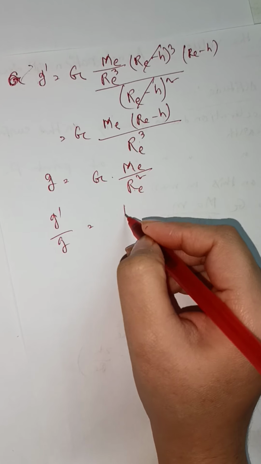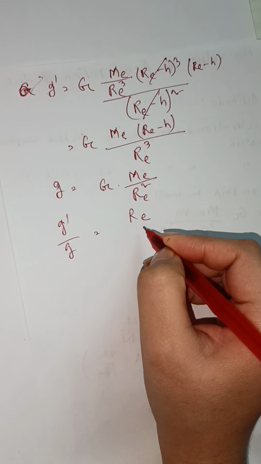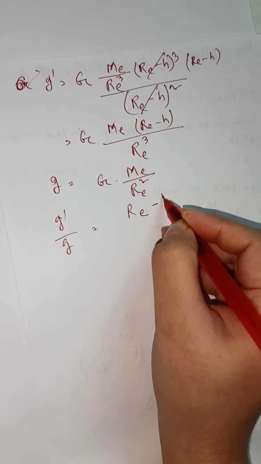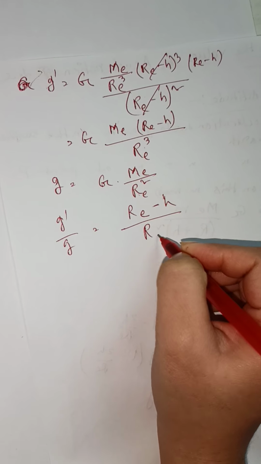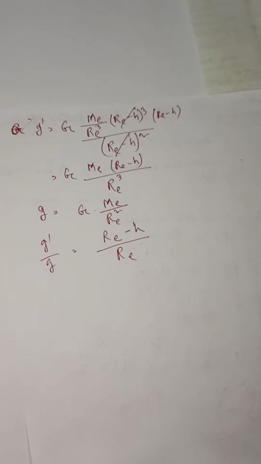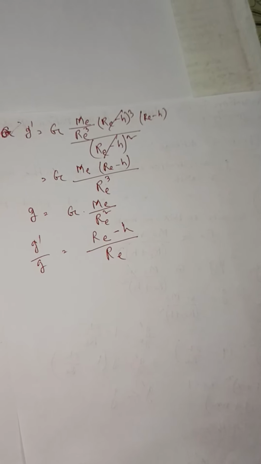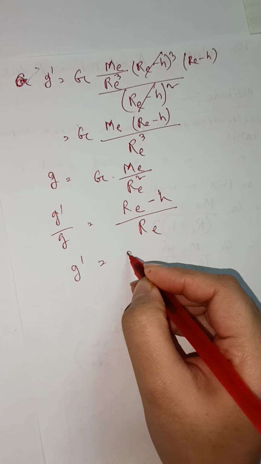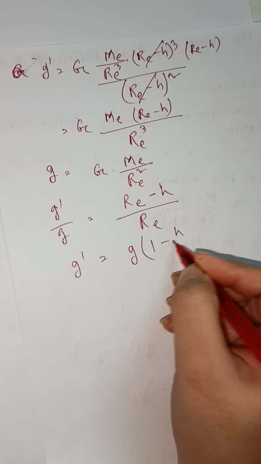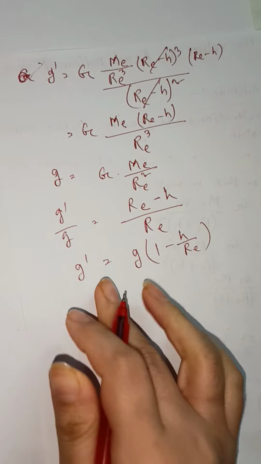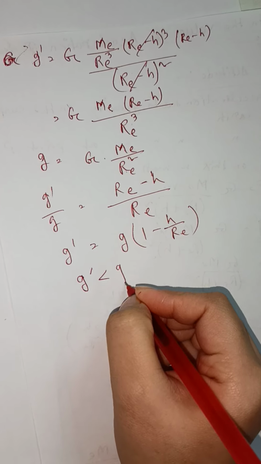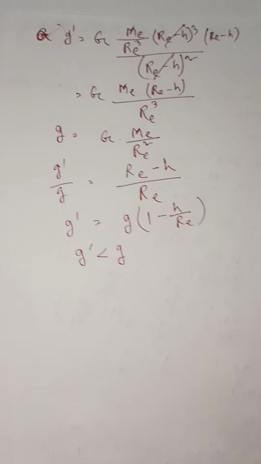Then we will get (RE minus H) by RE. Okay, so now finally G dashed equals G into (1 minus H by RE). So again from this equation we can say that G dashed is less than G, right?